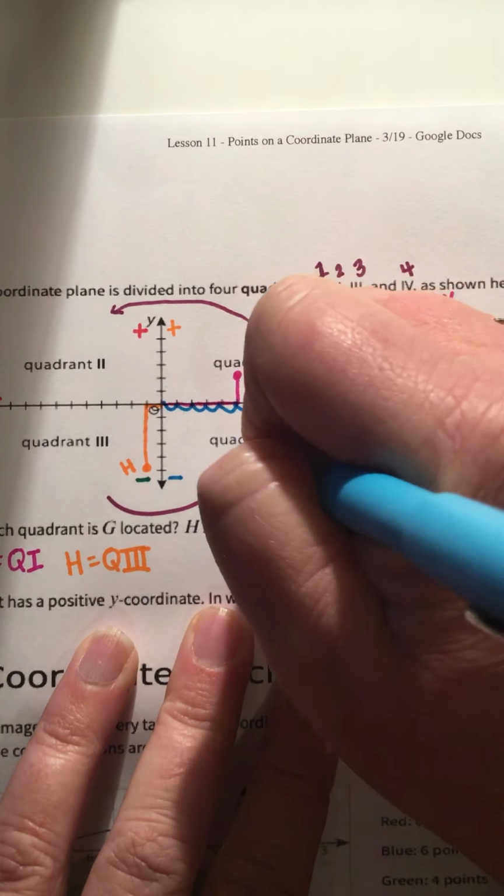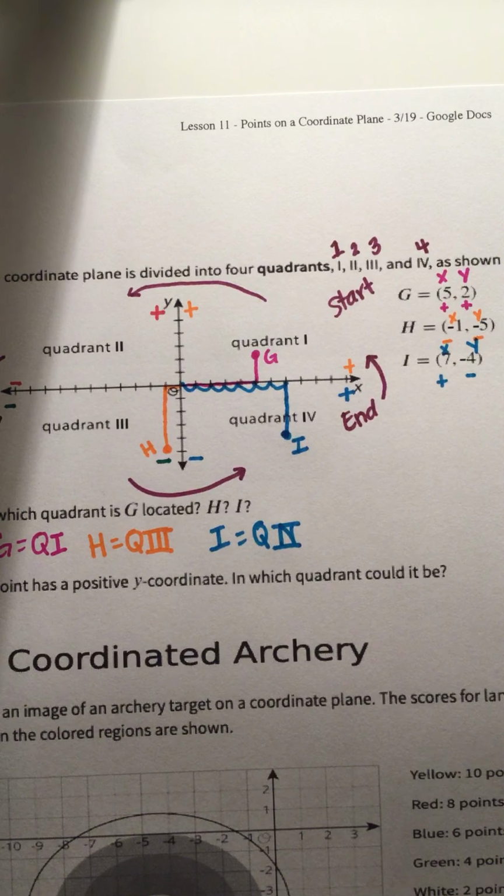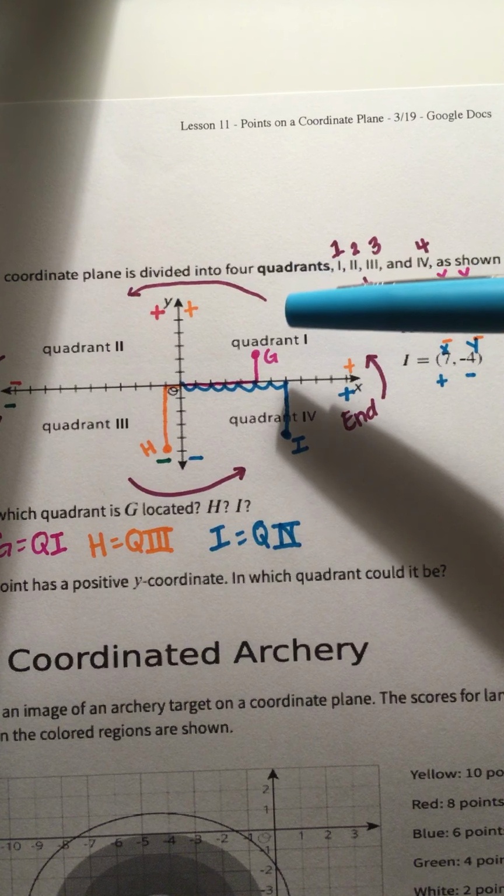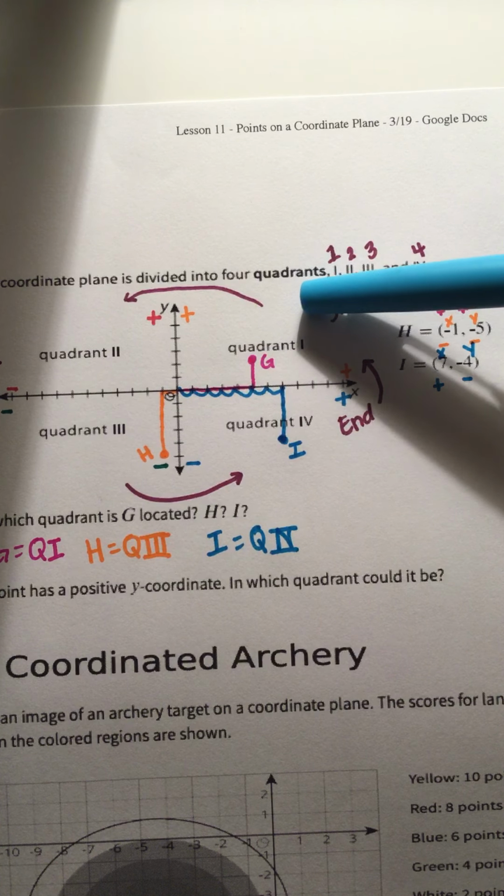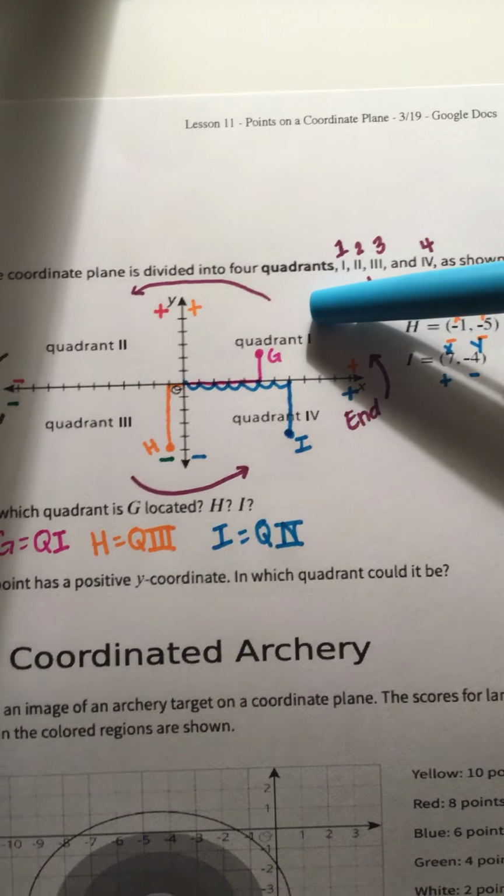Okay, so that is using your numbers to help you identify where your quadrants are, as well as just plotting them and identifying. Remember, Q1 is always in the top right, then it goes to Q2, which is in the top left. The bottom left is Q3, and the bottom right is Q4.